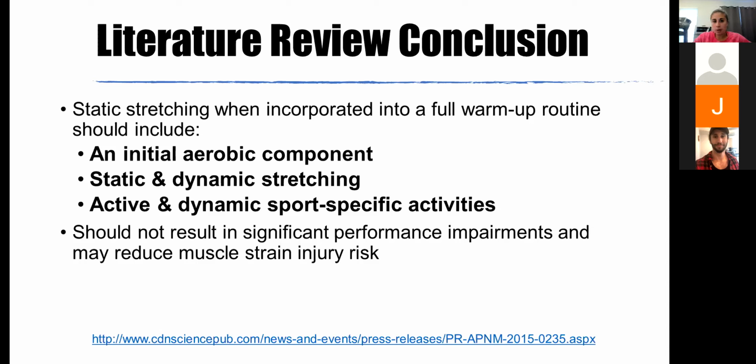But some people, you know, the thing with a warm-up is that we're trying to build up intensity, right? And so by doing static stretching at the end, you're kind of decreasing the intensity a little. Your heart rate's going to go down. You're going to maybe start to cool down a bit. So you might want to put them closer to the beginning, before you do your dynamic stretches. So probably after the aerobic component, before you get into that.